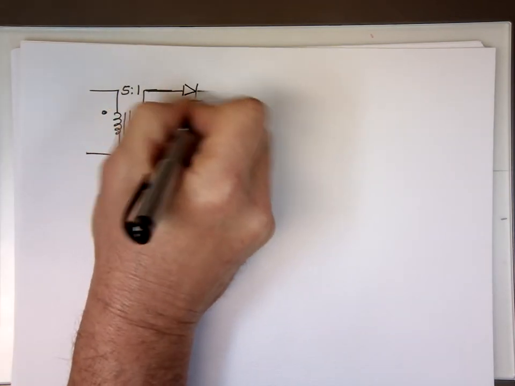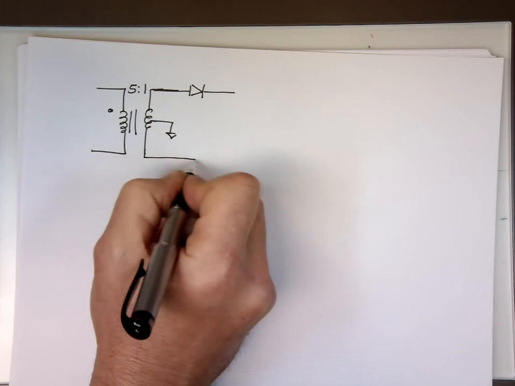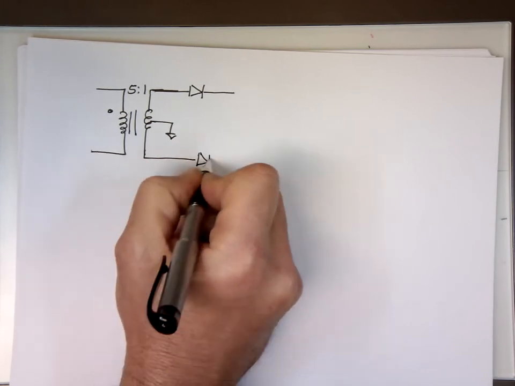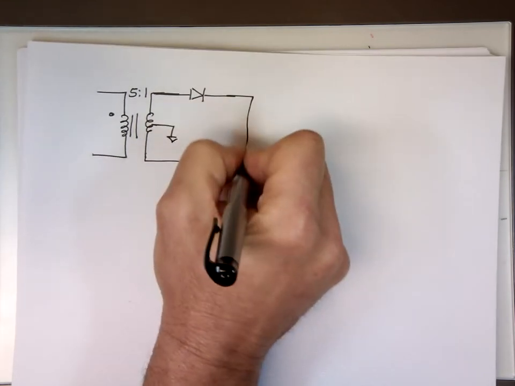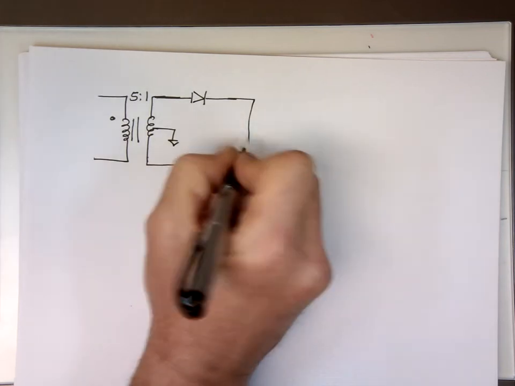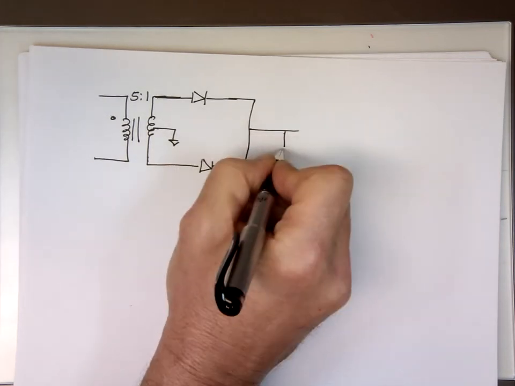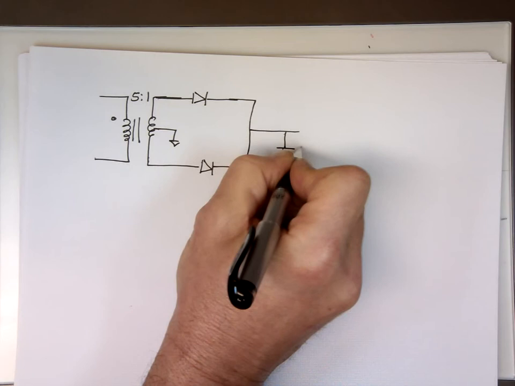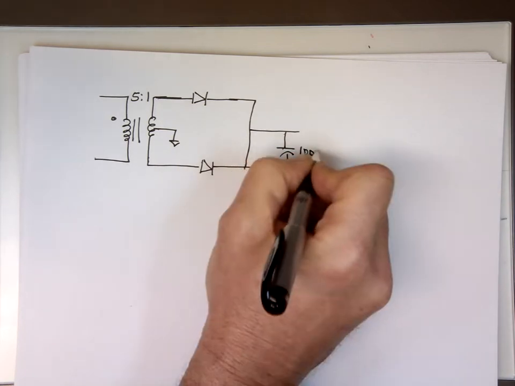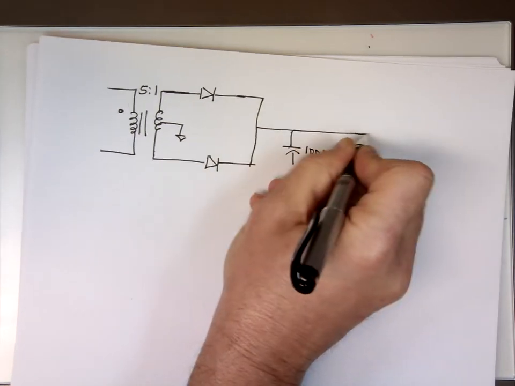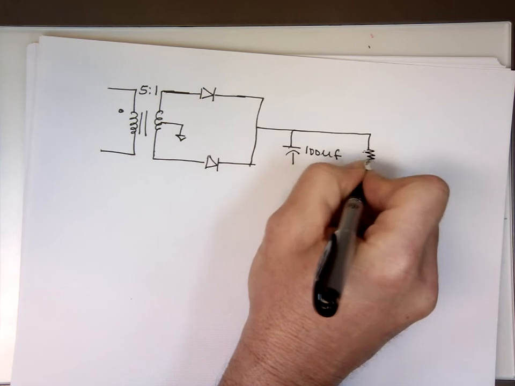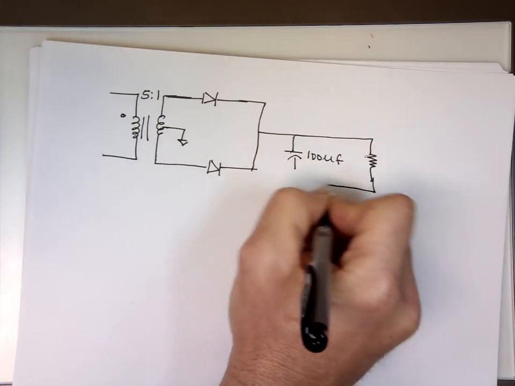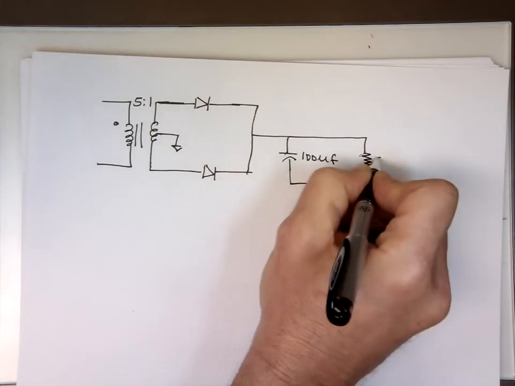Then we'll change it to non-ideal. And here's my capacitor, 100 microfarad, like in the previous one, and my 5K resistor. That's also attached to ground here.